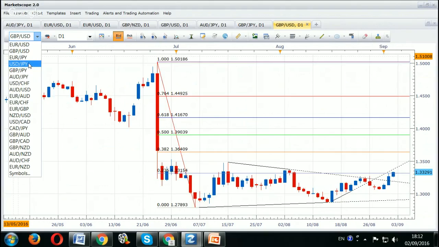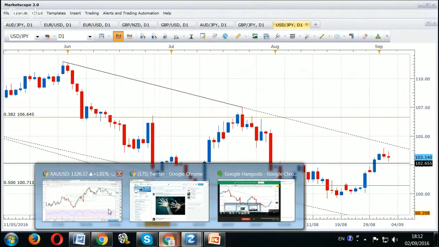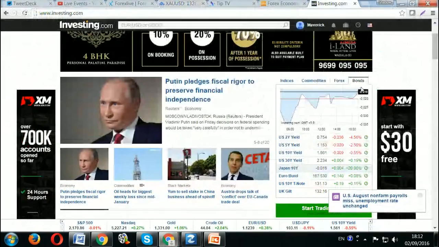Let's have a look once more at dollar yen. Dollar yen has rather given up its gains now, and so that forces me to have a look at the treasury yields. Let's see what they are doing. And yes, the treasury yields are slowly recovering losses. It's still lower. The 2-year yield is still 3.6 basis points down.